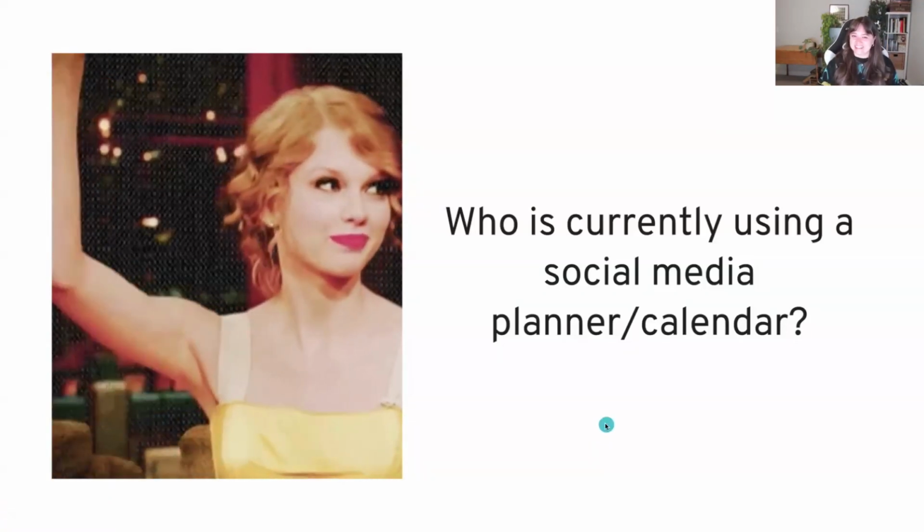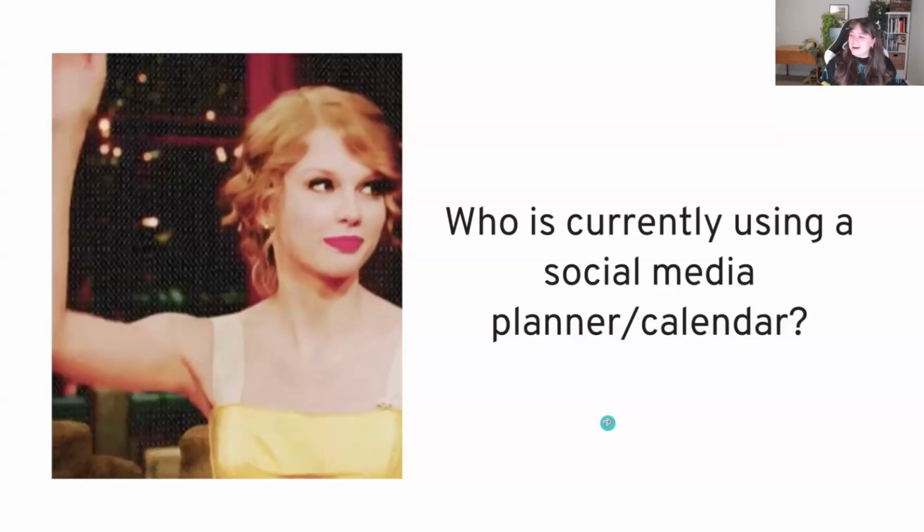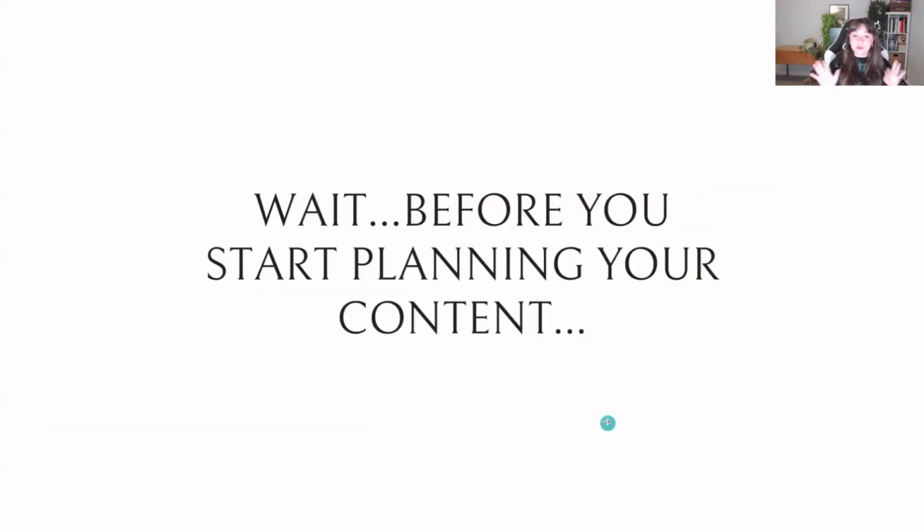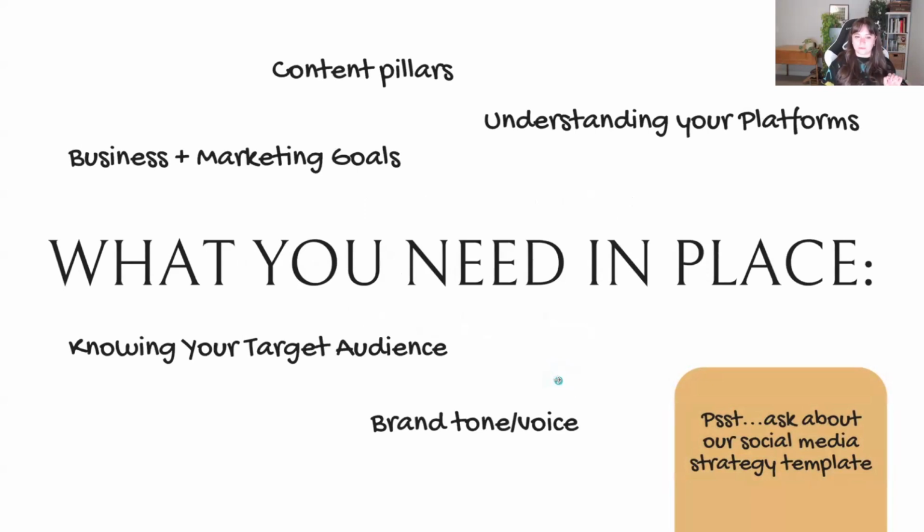Good? All right. Okay, so before we start any planning, before you get your feet into any sort of content calendar, whether it's one that's been created by you or by somebody else, there's a few things we've got to get sorted first. Couple things we need to have in place. You need to have your business and marketing goals set. You need to know your content pillars. You need to understand the platforms that you are using.